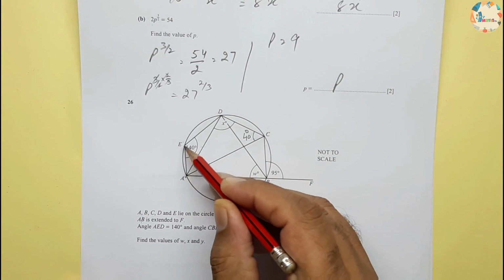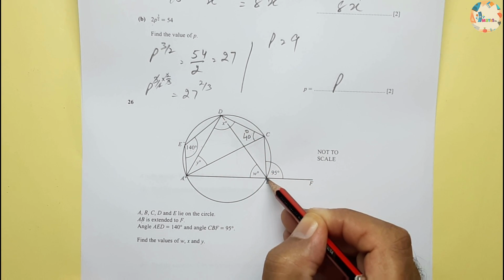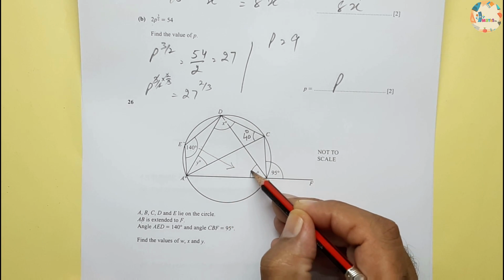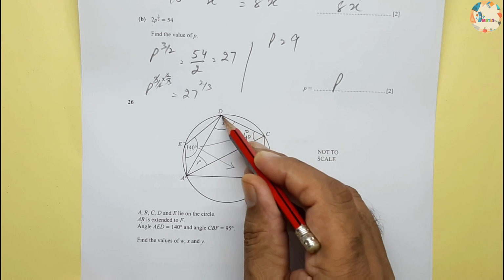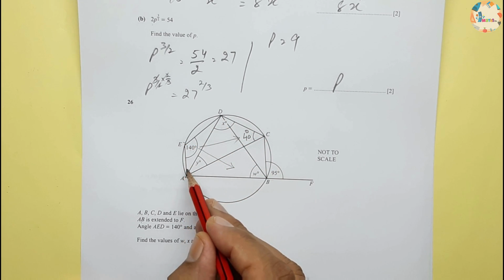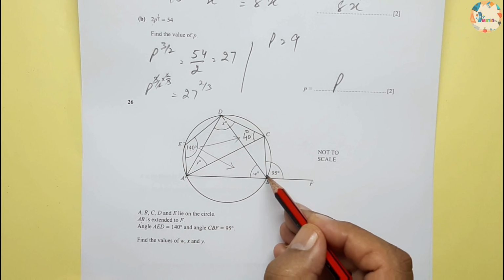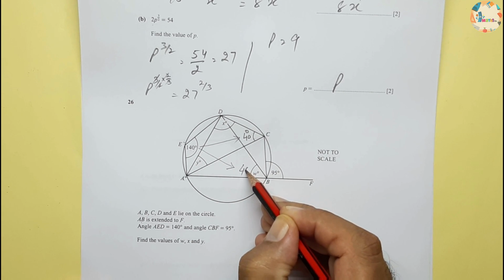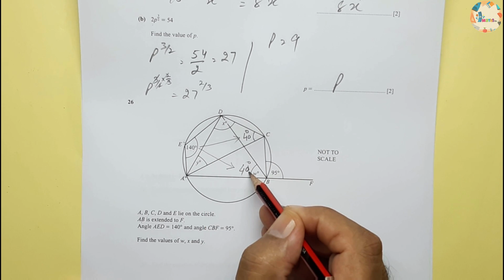If we consider the quadrilateral A, E, D and B, this is also a cyclic quadrilateral. So 180 and this opposite angle. We have considered this one in this cyclic quadrilateral. Now we are considering this quadrilateral, which is A, E, D and B. This is 140, so this will be 40 because this will be adding up to 180.